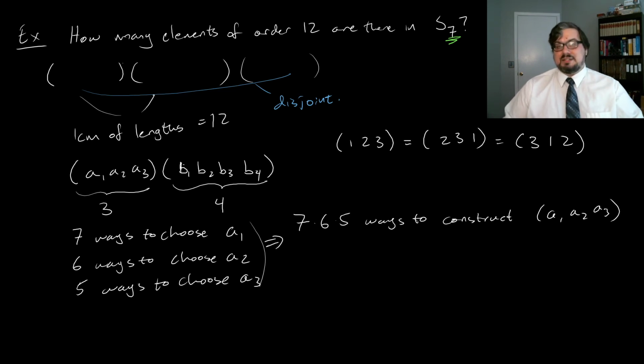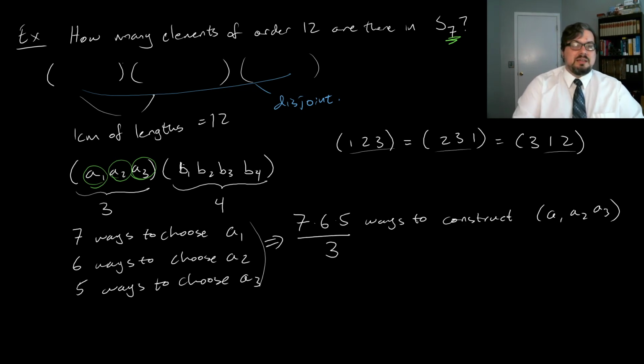So in fact, a cycle of length 3 has 3 different places it could start. We could start with A1, A2, or A3 here, basically. And so we don't want to count all 3 of these separately. So we need to divide by 3.